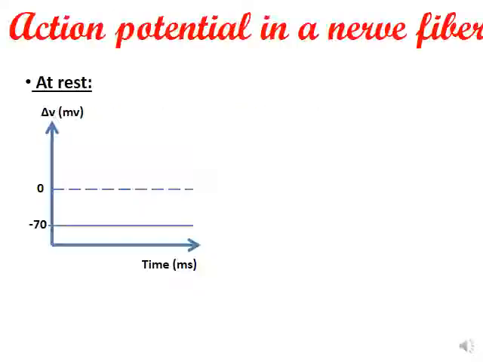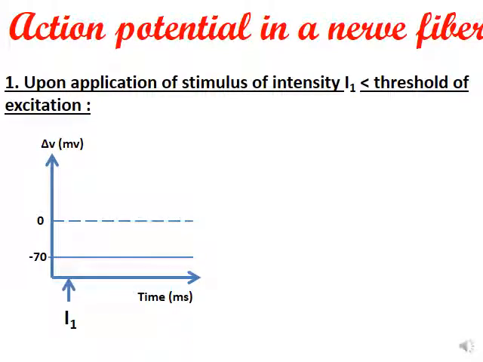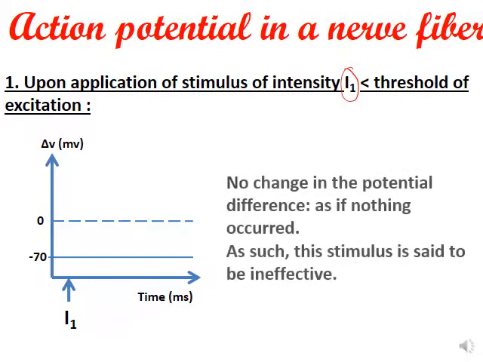in order to excite a neuron. So, action potential in a nerve fiber at rest, minus 70 millivolt, is called resting potential. When I apply a stimulus of intensity I1, which is less than the threshold of excitation, there is no change in the potential difference, so this is said to be an ineffective stimulus.